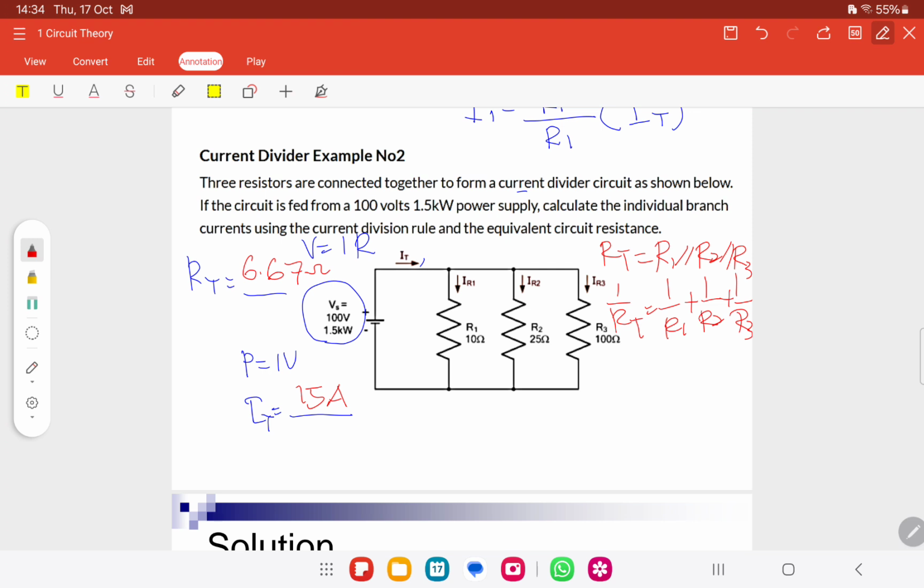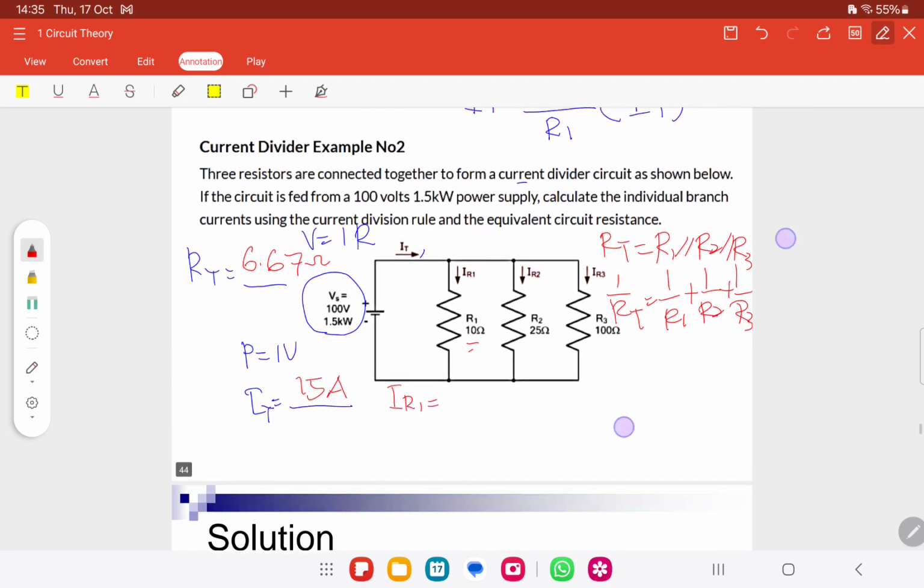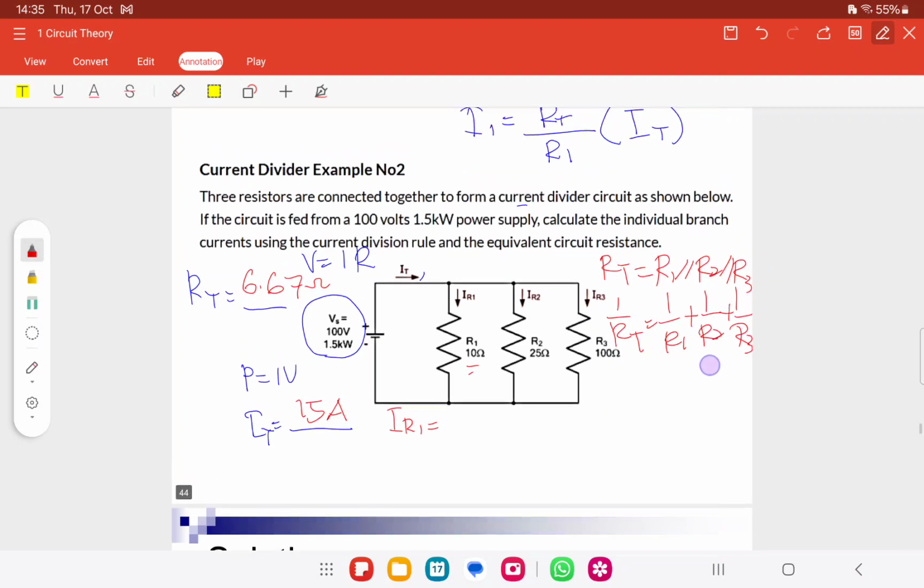Alright. So now we want to get for the IR1 first. IR1, macam mana? Equals to the formula first. R total divide by R1 multiply with I total, kita tulis value terus lah.